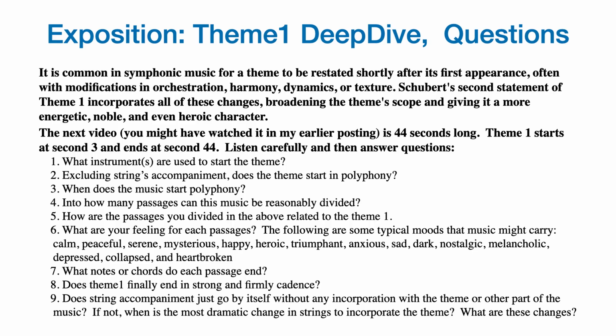And each theme usually will be repeated with some modification to make the music more interesting. And we will see how Schubert makes a modification to make his music so interesting, and also so different from Beethoven's.